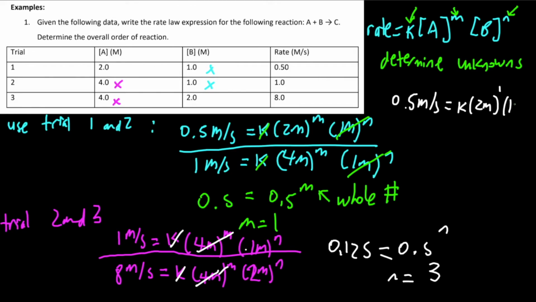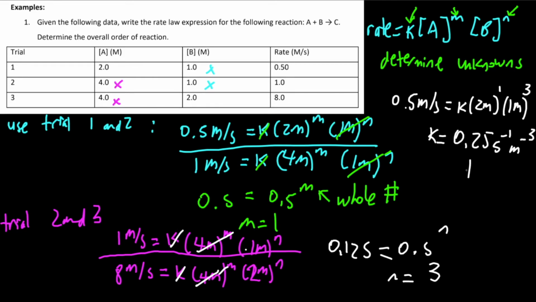So 1 molar to the exponent we just solved for n, which is 3. Now from here, if you solve it, you're going to get K equals 0.25. And in terms of units, you should get second to the negative 1 and molar to the negative 3.